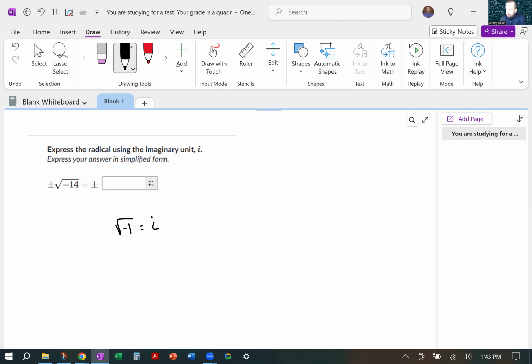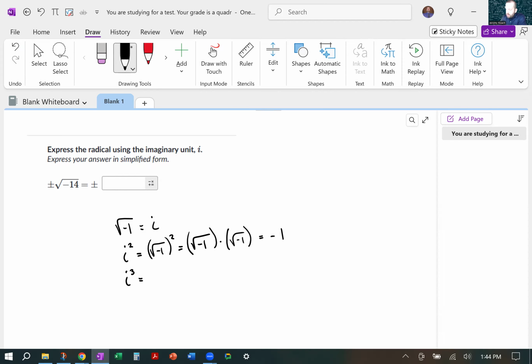So now if we want to know, well, what's I squared? I squared is the square root of -1 squared, which is the same thing as the square root of -1 times the square root of -1. So that's going to equal -1.